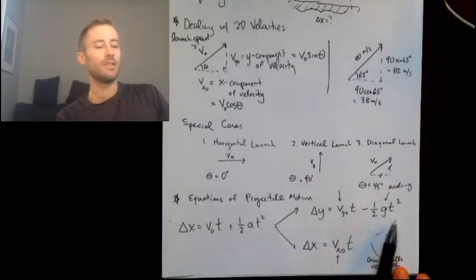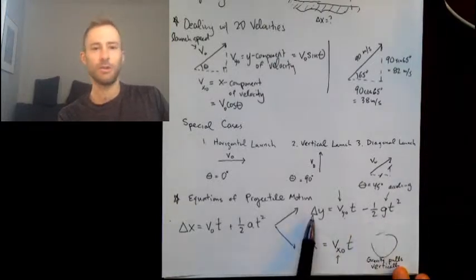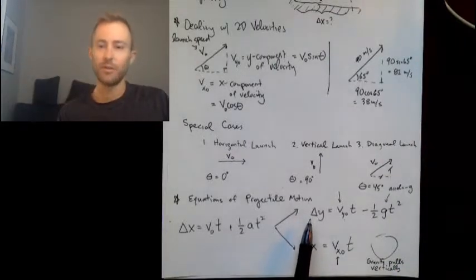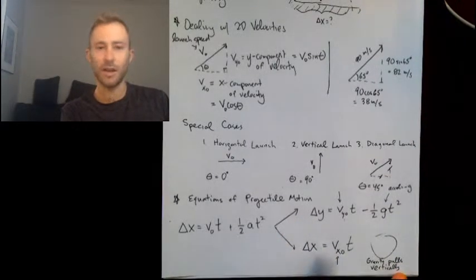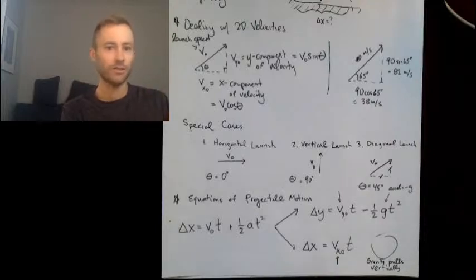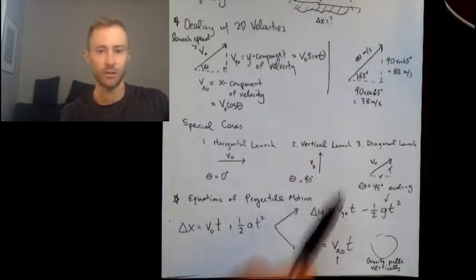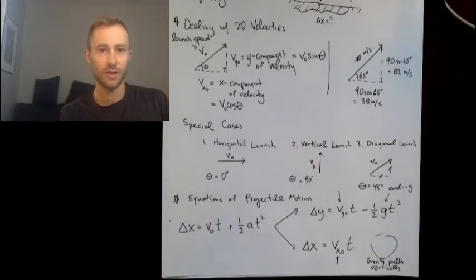So you only have the t squared term in the delta y equation because gravity is only pulling up and down. In the horizontal equation, delta x, gravity doesn't pull sideways. So there's no t squared term in the delta x equation. It's only in the delta y equation because that's where the acceleration is happening.